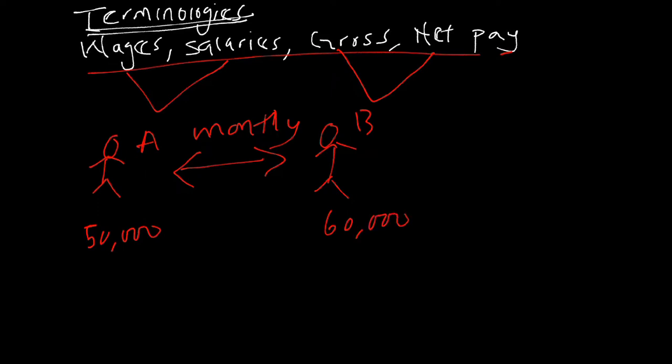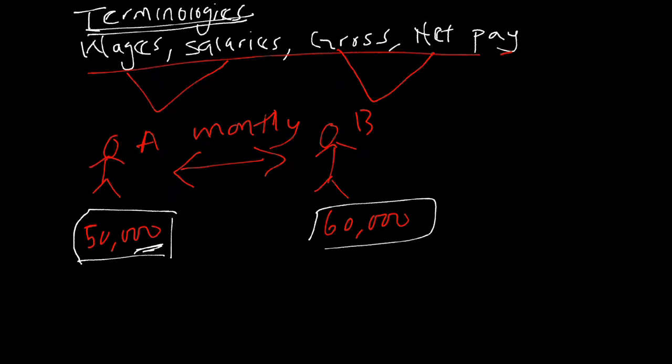Now, at the end of the month, their basic salary, according to what they have agreed to with the employer, is that Mr. A will be receiving 50,000 naira, Mr. B will be receiving 60,000 naira. That's what is agreed upon. Now, this salary that they have agreed on is called gross pay. Why it is called gross pay, I will explain further.